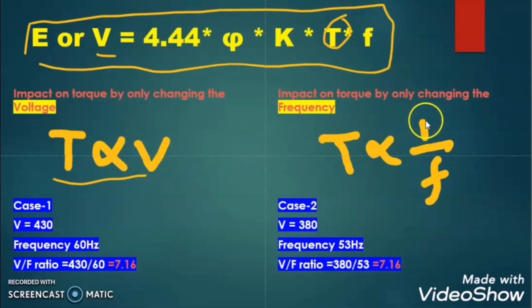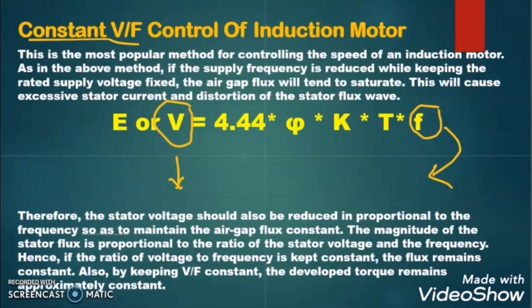Now in the second method, we are not changing the voltage, only the frequency, and checking the relation between frequency and torque. Everything else is constant, so the torque is inversely proportional to the frequency.